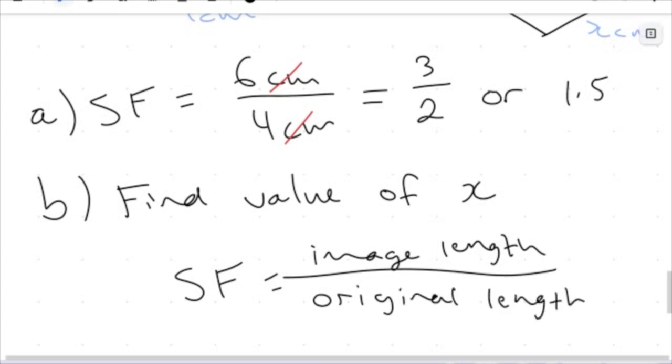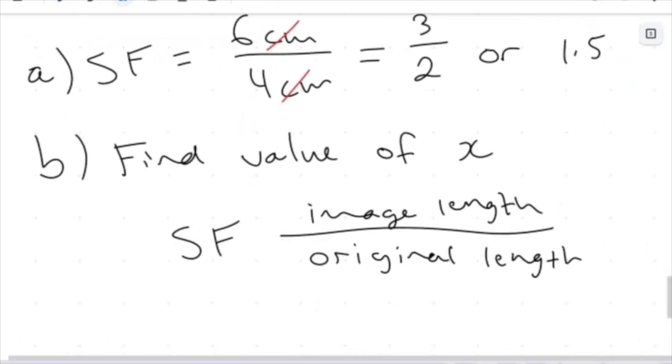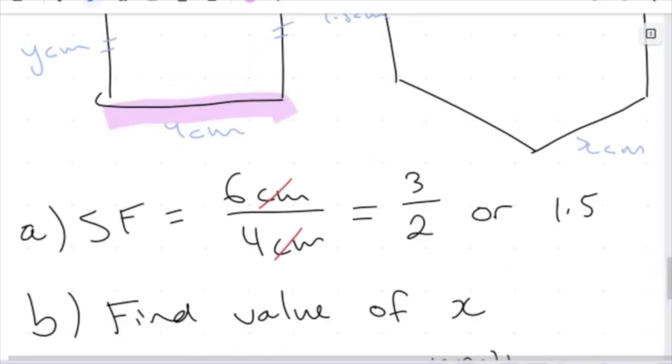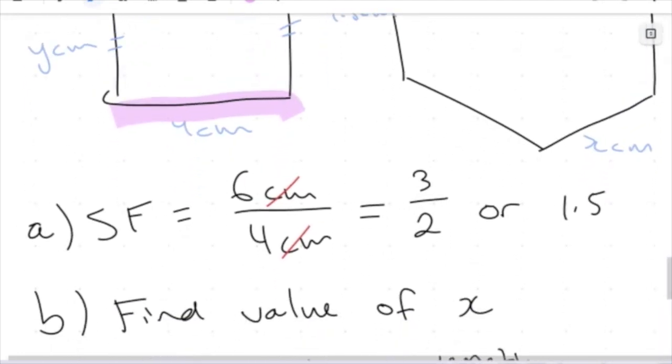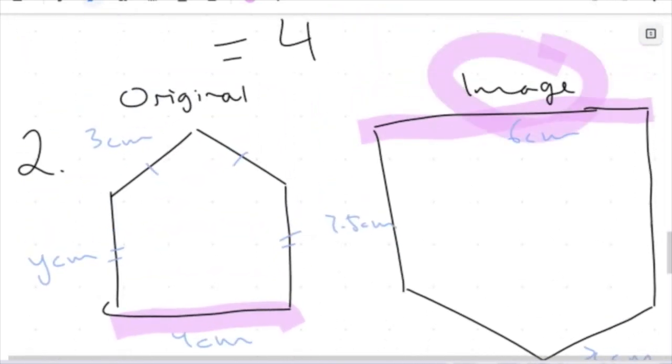And what I haven't mentioned yet, but is quite useful, I'm hoping someone's noticed, is that this is an example of an equation. The idea of a scale factor obeys an equation because we have an equals sign here. So we want to find some length on an image because x centimeters belongs to the image here.